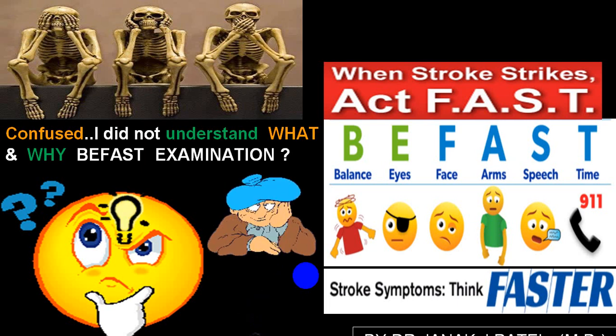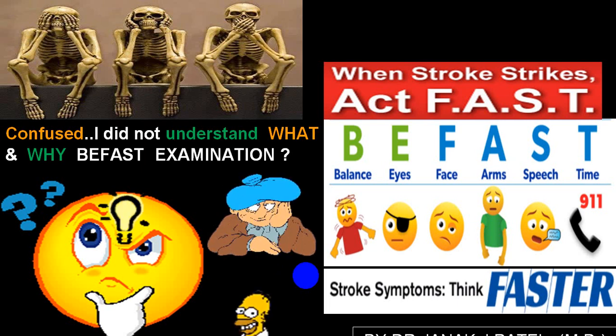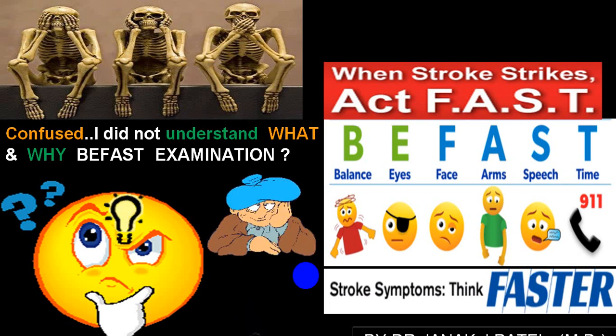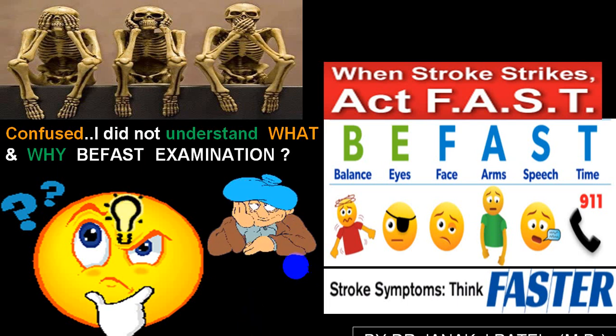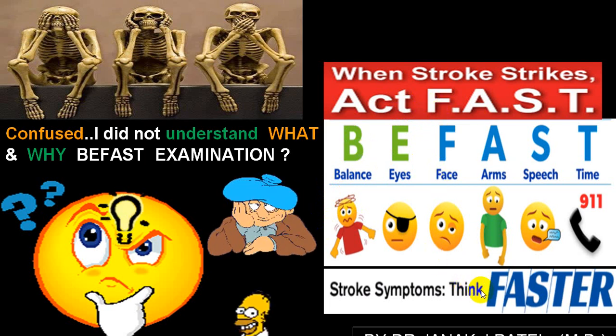This is a short video regarding whenever you see a person in whom you are suspecting a stroke, how fast you can examine a person and confirm that person has developed stroke. So when the stroke strikes, there are some short mnemonics we call ACT FAST or BE FAST or think faster.